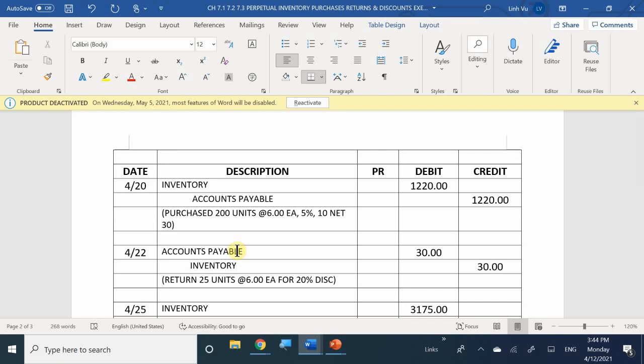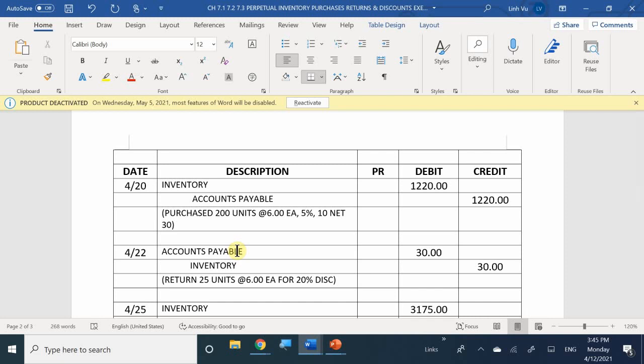Freight. So what was my original purchase price? 200 units at $6. So what's my total there? That'd be 1200, right? But we end up returning 30.